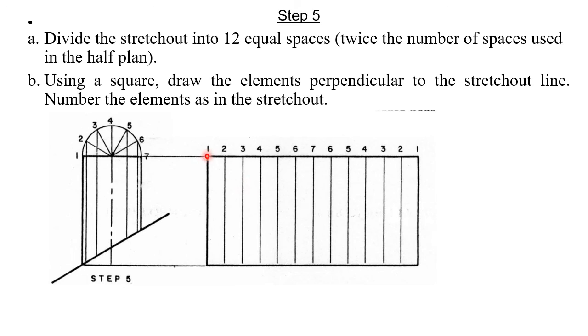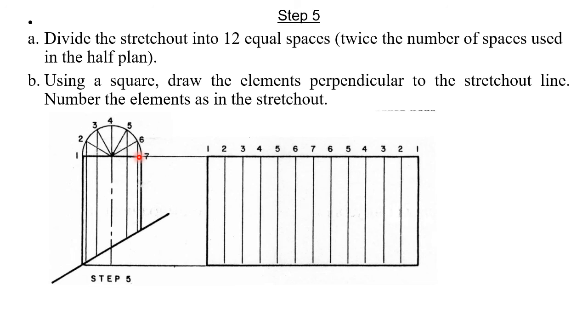So here we will start with 1. This line coincides with this, so it is 1. Then by using a divider, we put the dimension here. It will be 2, 3, 4, 5, 6, meaning this distance is equal to the distance between 1 and 2.